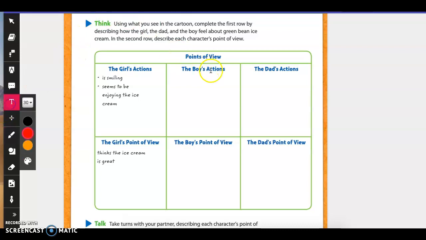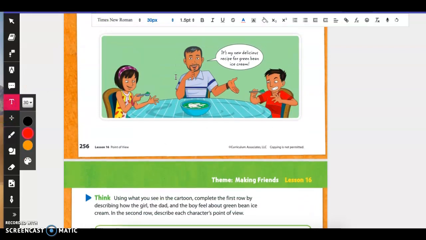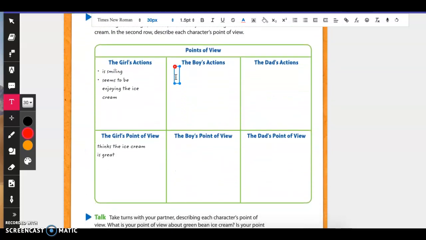So we're going to go ahead and talk about the boy's actions. If we go back up here and look, we said he is, I think a good word for that is grimacing. Grimacing. I don't know if that's how you spell that word. And he has a frown on his face.